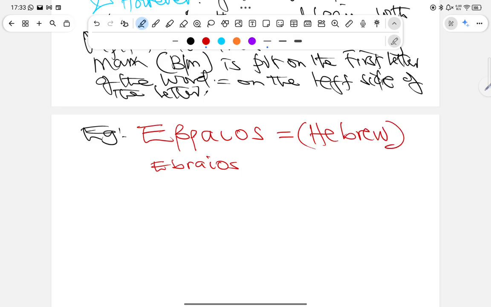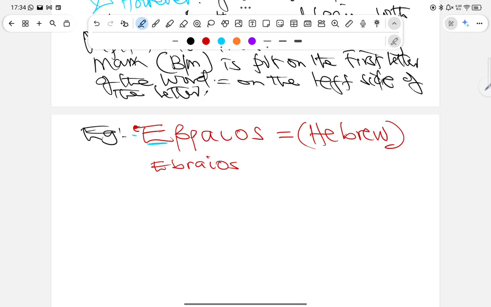Now, this is written with a rough breathing mark. Notice it's not a diphthong, so it's written on the first letter, but on the left side. So the breathing mark is written on the first letter, which is epsilon, but on the left side, not on top of it. Hopefully you're getting that.